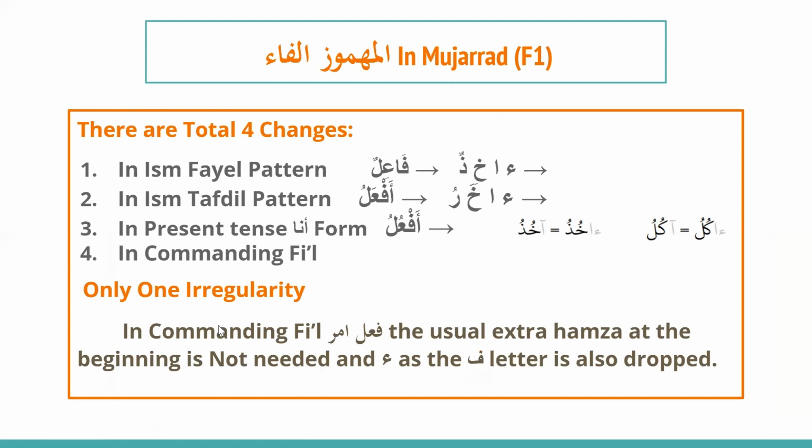You saw 3 changes. Out of those 3 changes, one is highly irregular, which is the commanding fail. So there is one big irregularity, but there are minor changes. But on this slide, there is one more thing, and I'm going to tell you, okay? Let's go one by one.